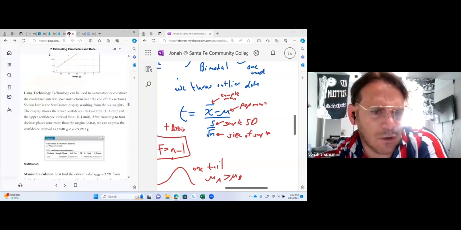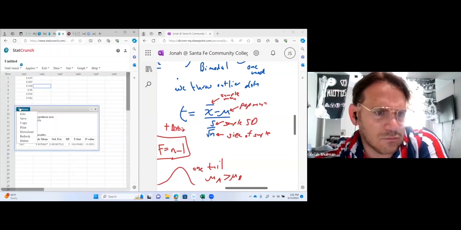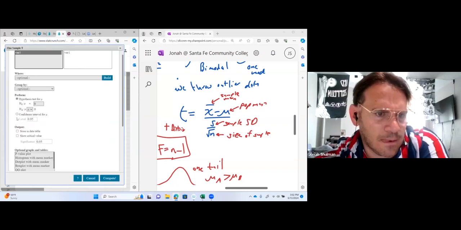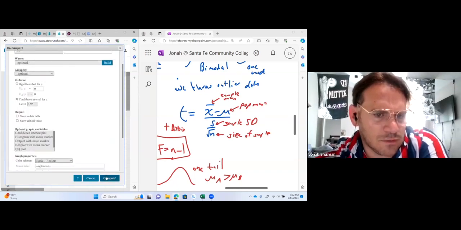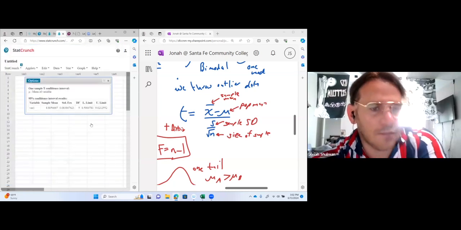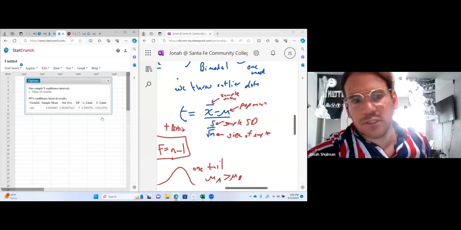But they say we could also get the 95% confidence interval results. If I do this, yeah, it does give me the lower limit and the upper limit. Wow, that's really fast. That's nice.